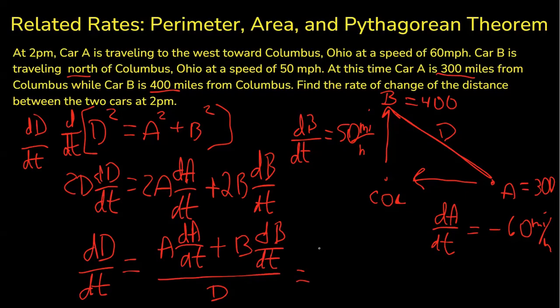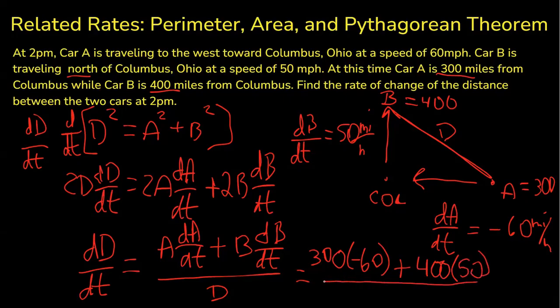A is 300, dA/dt is negative 60, B is 400, dB/dt is 50, and we don't know the value of d, but we can use the Pythagorean theorem. If we plug 300 in for A and 400 in for B and solve for d, we would get 500.